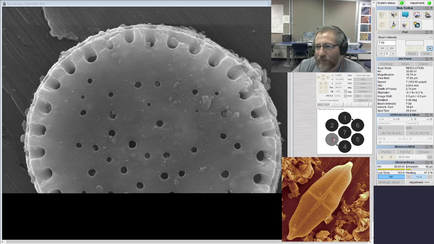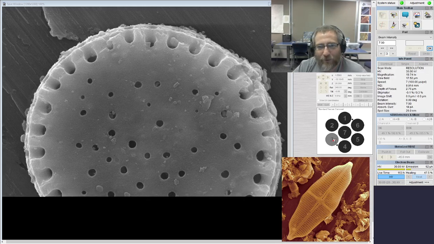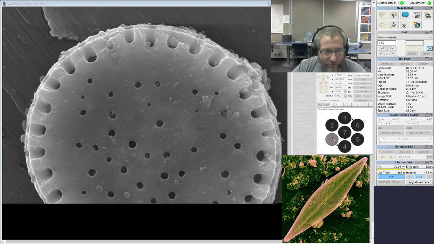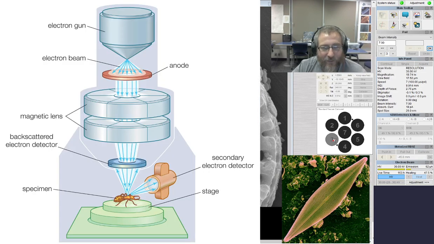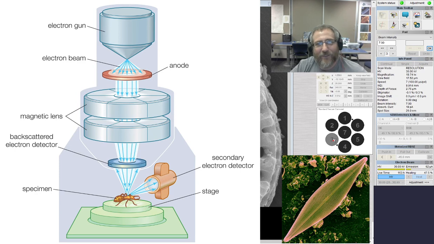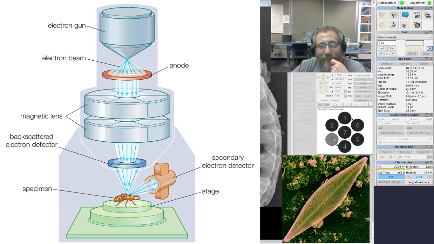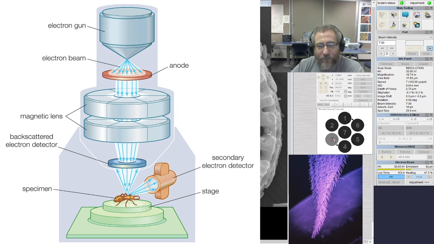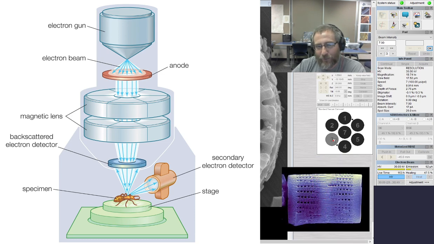Can I explain a little bit as to how an electron microscope works? I sure can. At the top here is an electron gun, and the gun is actually produced by a tungsten filament. Like a light bulb has tungsten in there, except in this case a lot more energy is being pushed through it, and it creates a small plasma cloud of electrons.